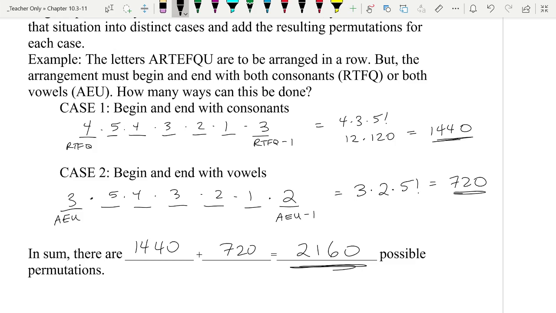Okay, I have a hand up. I have a question. Did I lose somebody? This person right here has their hand up. Where did the 5 come from? Okay, so the question is, where did the 5 come from? Let's go back to case 1. There are 1, 2, 3, 4, 5, 6, 7 letters here, right? I have to pick a consonant to go here and a consonant to go here.